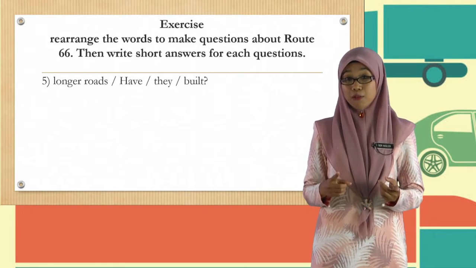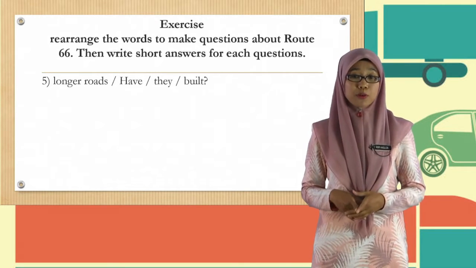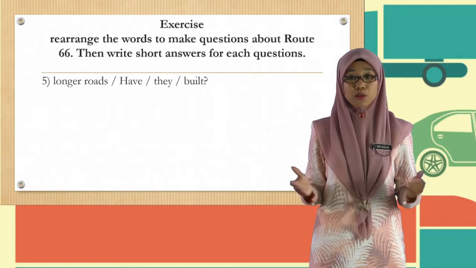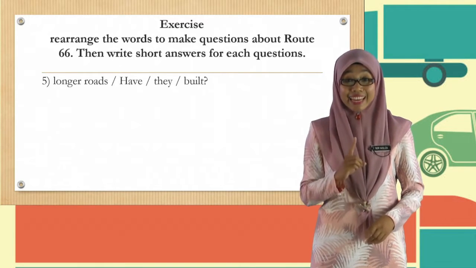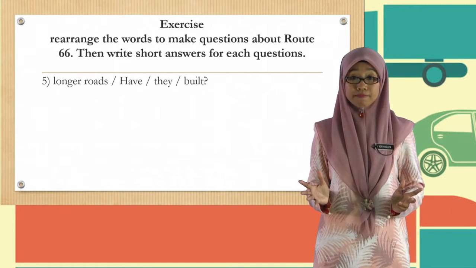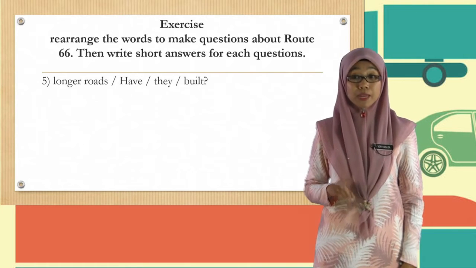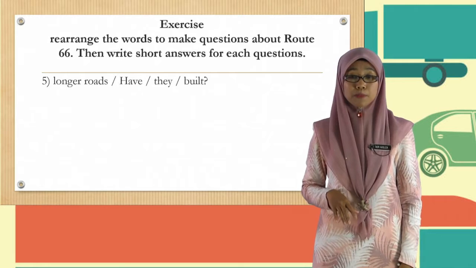Have, as always, should be placed at the front of the question, followed by the subject. What is the subject for question number 5? Yes, they is the subject. Next, what is the verb? Yes, built is the verb. It's the verb in past participle.